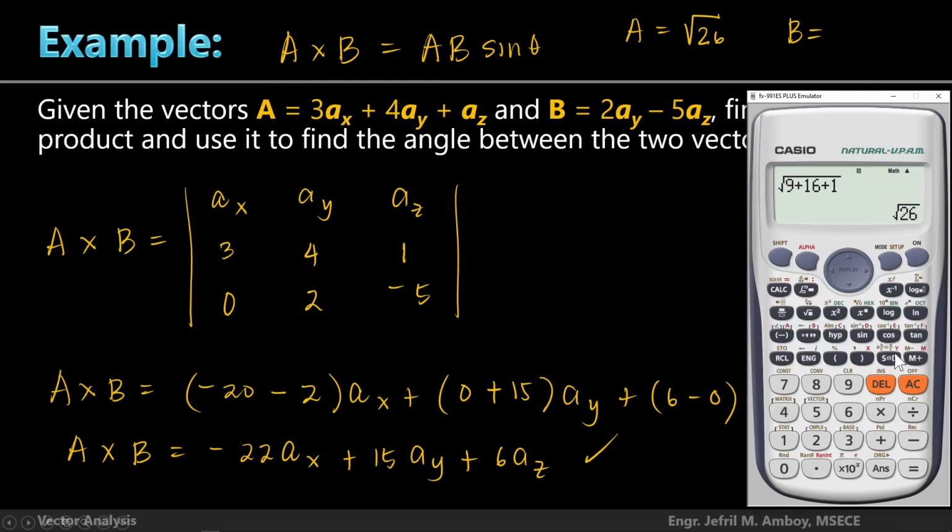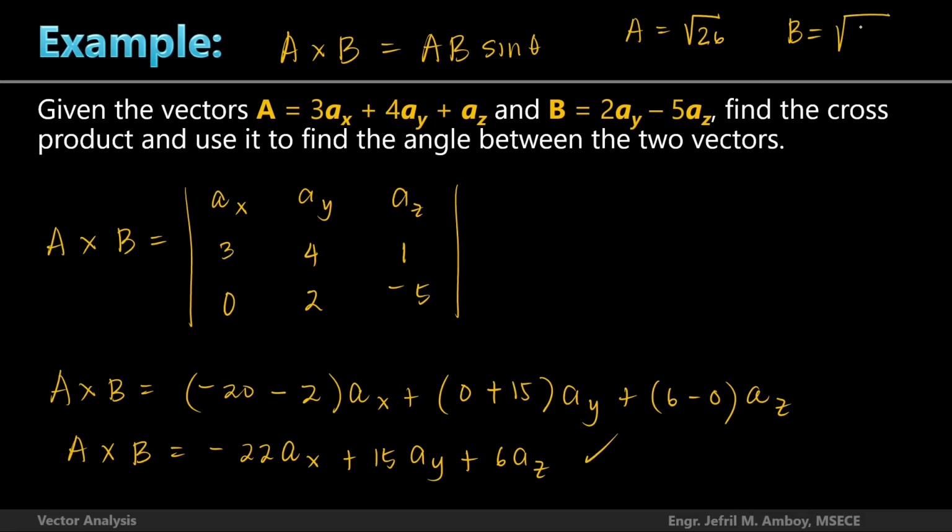For vector B, its absolute value is the square root of 2 squared, which is 4, plus negative 5 squared, that's 25. So here we get square root of 29. Now, using the definition of the cross product, A cross B is equal to AB sine theta, we can get this angle theta from this expression.